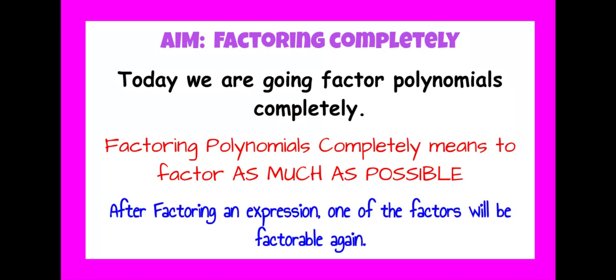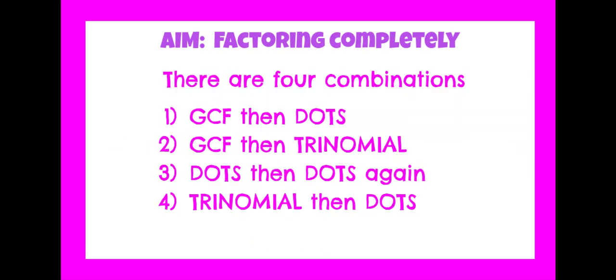After factoring an expression, one of the factors that we have is going to also be factorable again. So that's a really big deal in factoring. You have to look for that. So there are four different types of combinations. When you look and see that there's factoring by GCF, but then there might be difference of squares after.